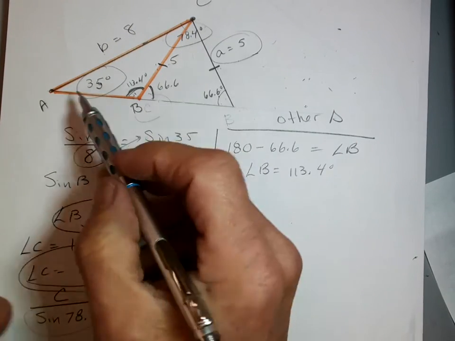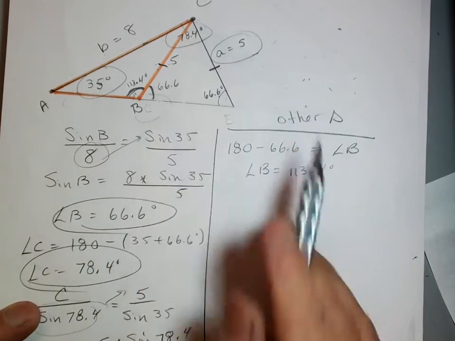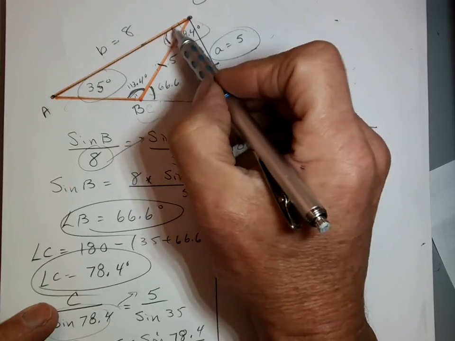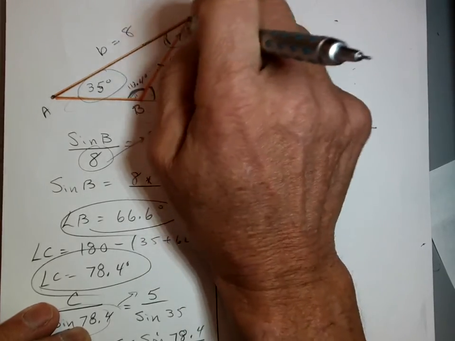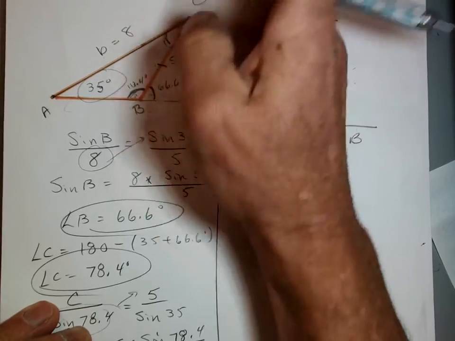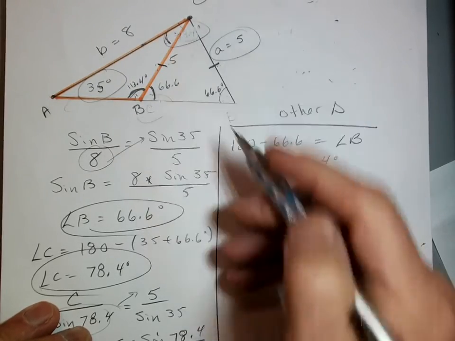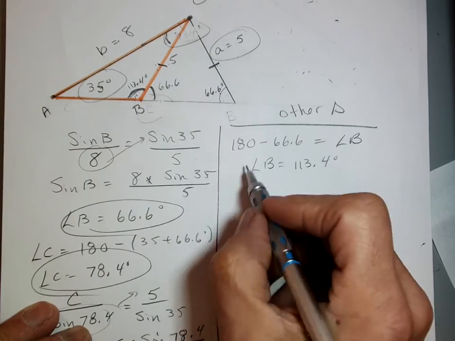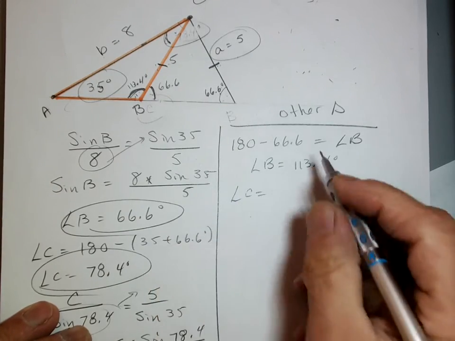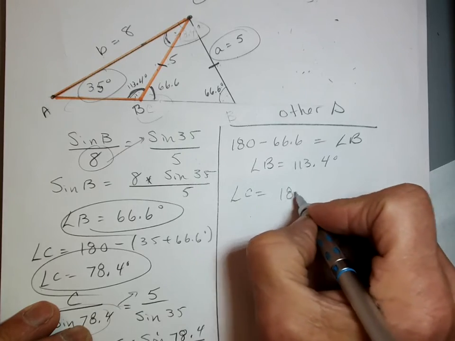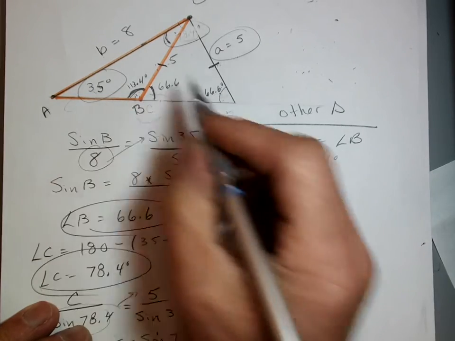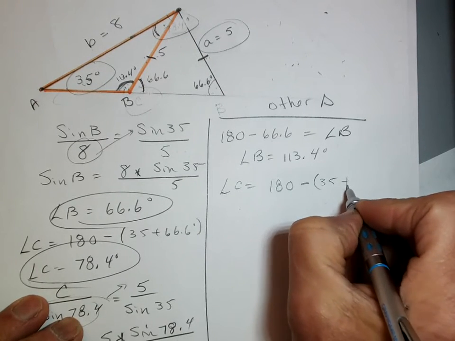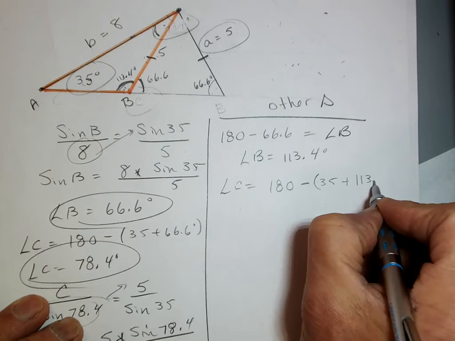Good. Now, again, I'm looking at the orange triangle because the orange triangle is my second triangle. And angle C now is not all of this. It's not 78.4 anymore. It's a lot less, isn't it? So I need angle C, same thing from 180 degrees. All 3 angles add up to 180 degrees. So angle C would equal my 180 minus the sum of my 35 plus my 113.4 degrees.